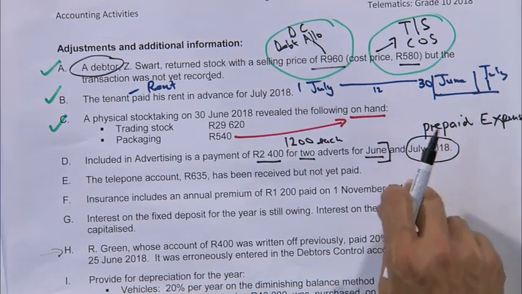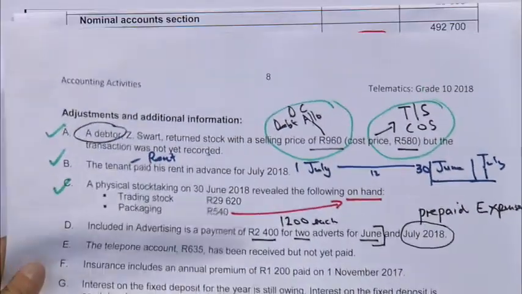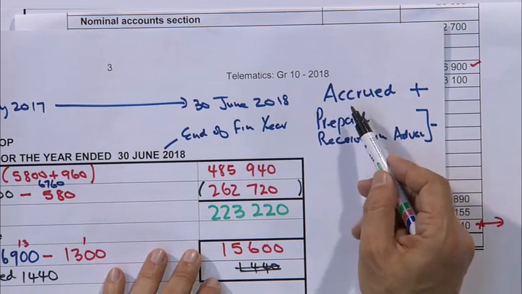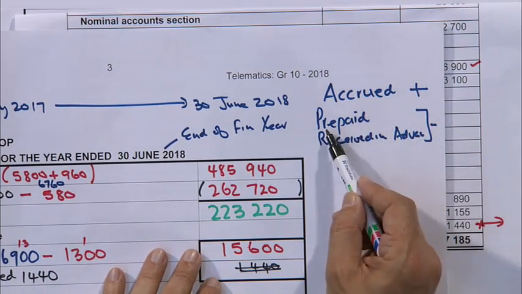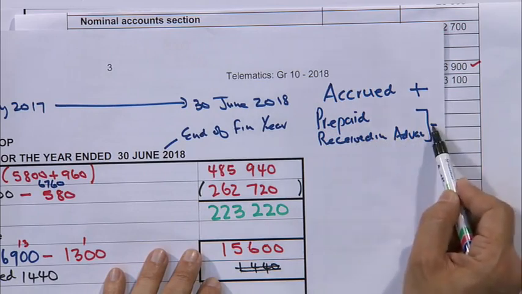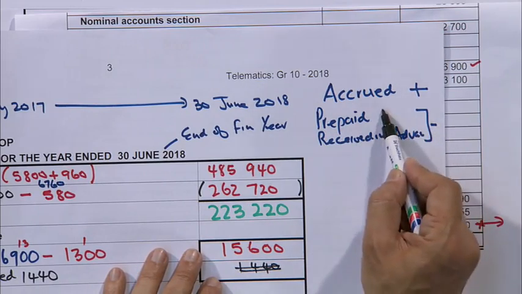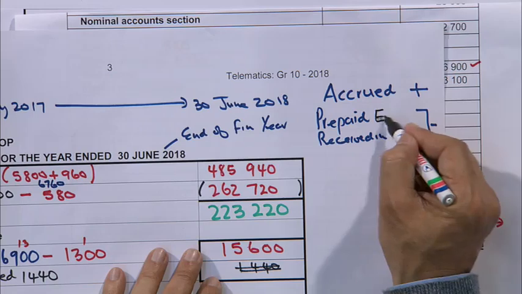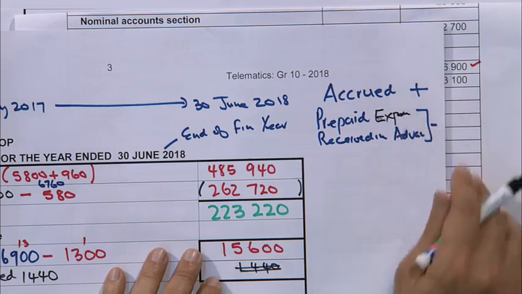So earlier we said that as a general rule, if the item is accrued, we're going to add, and if the item is prepaid or received in advance, we're going to minus. Now one of the items in advertising is prepaid, so now you have to minus.